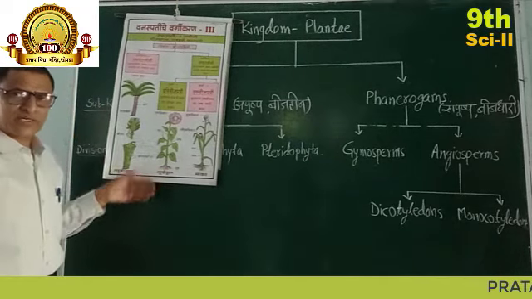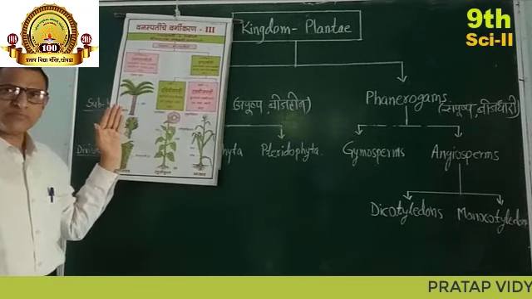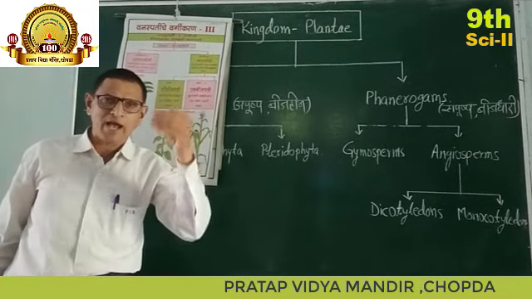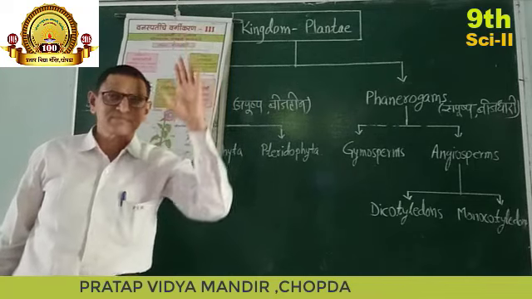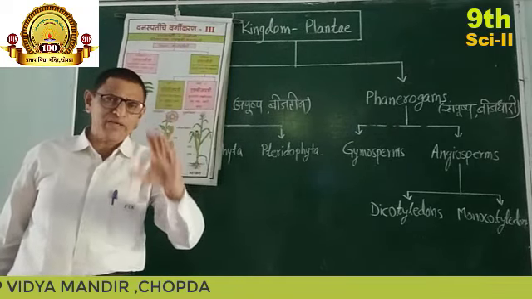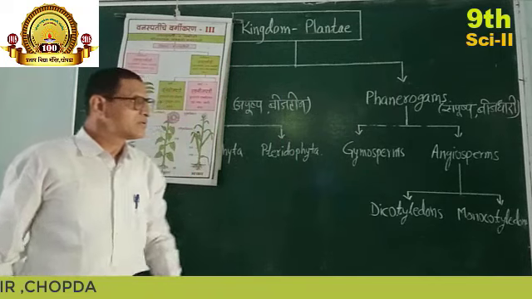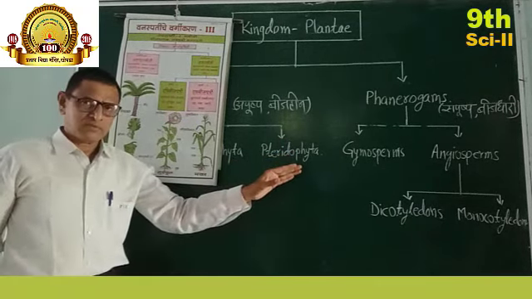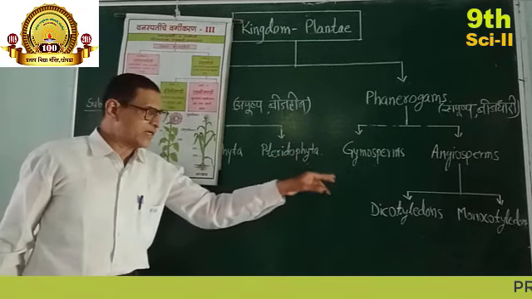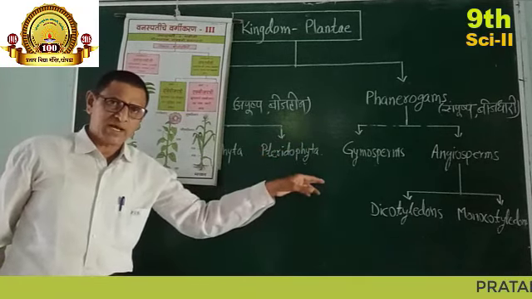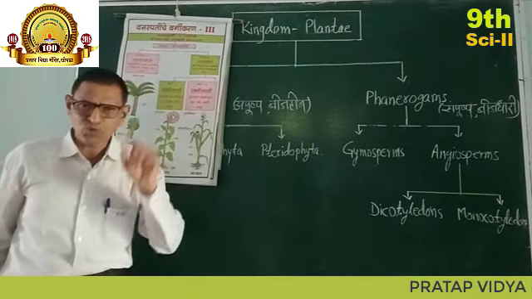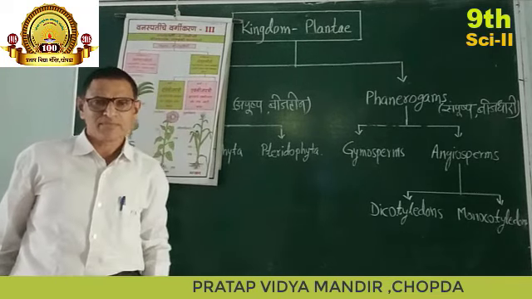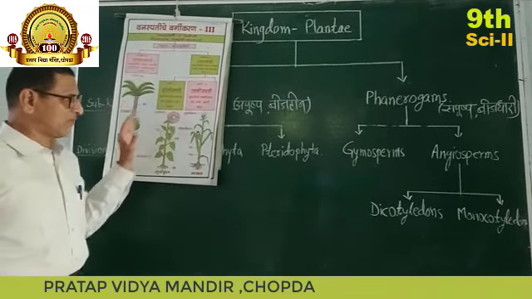The main characteristic of gymnosperm: seeds are naked. Seeds do not have natural covering. That is the main characteristic of these gymnosperm plants. Examples are cycas, picea, that is Christmas tree, thuja, that is moorpankhi, and pinus, that is deodar. These are the examples of this group.